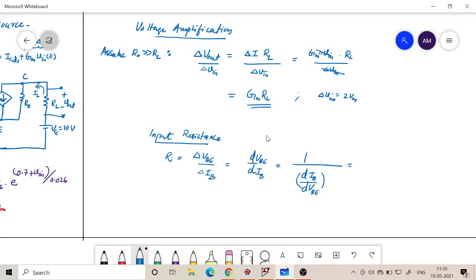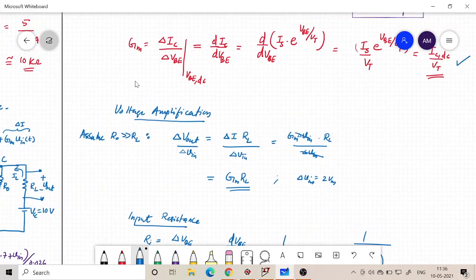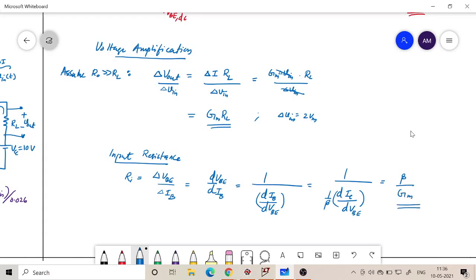But we know that IB is 1 by beta of IC, so we may write it like this. Now what is dIC by dVBE? A little time ago I told you it is GM. I can substitute that, so this becomes beta divided by GM. That is my input resistance.